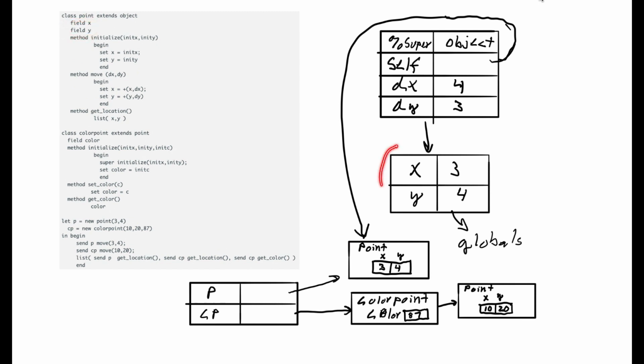So now we have x and y in scope with the fields that it was initialized to, 3 and 4 right here. And then it will extend the environment with the parameters to the method. So we got dx and dy. And if you notice, we are passing in, when we move, 3 and 4 for that. And I just mixed those values up. All right, there, now we got it fixed.